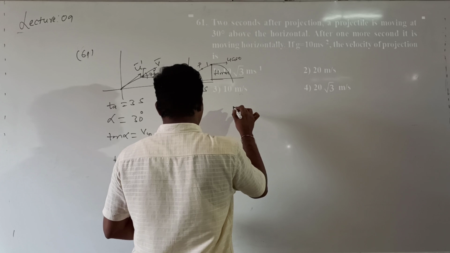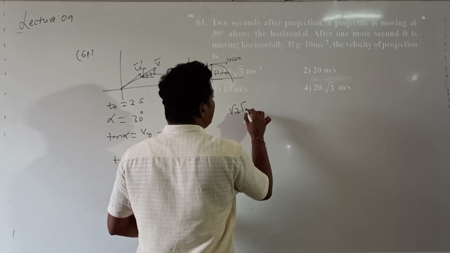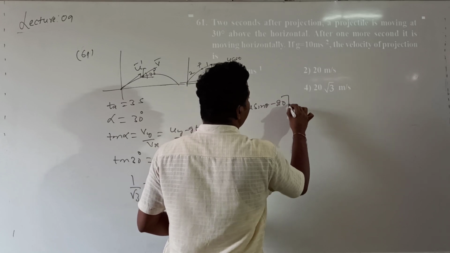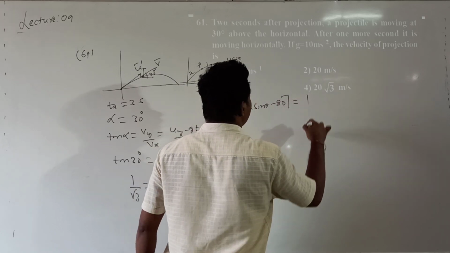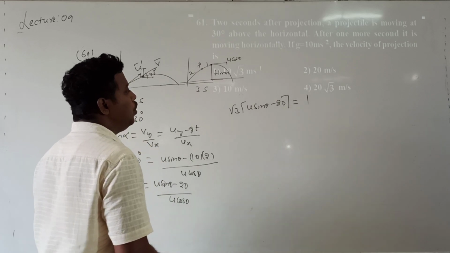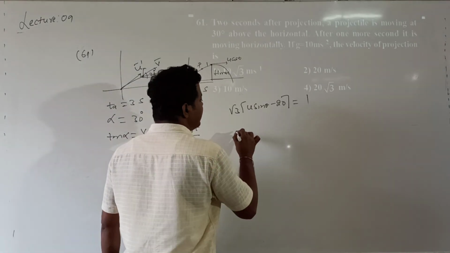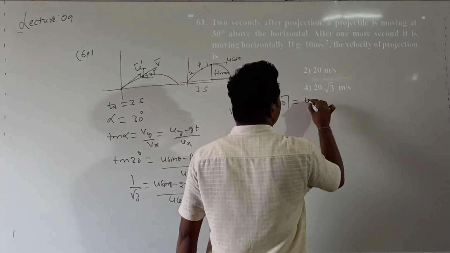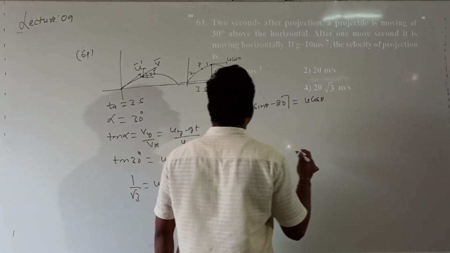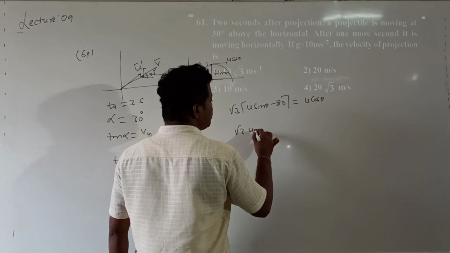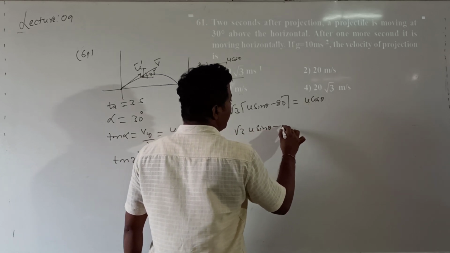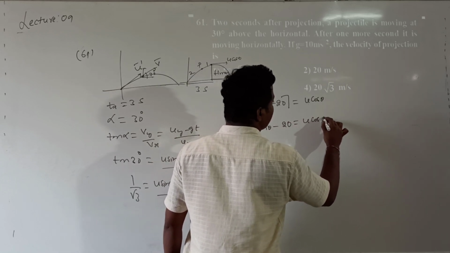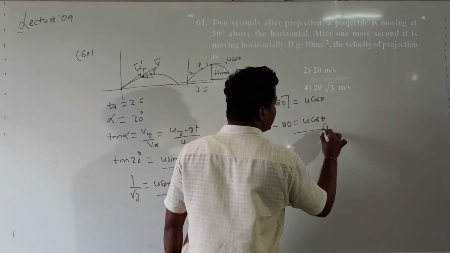Root 3 into u sin theta minus 20 will be equal to u cos theta. Can I call it equation 1?